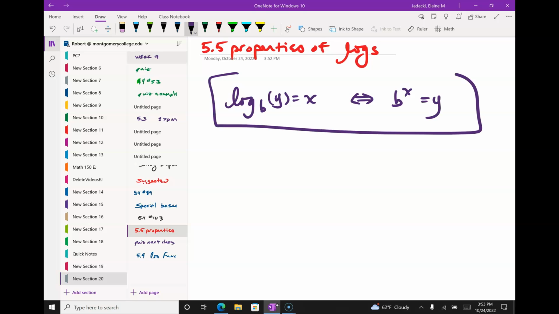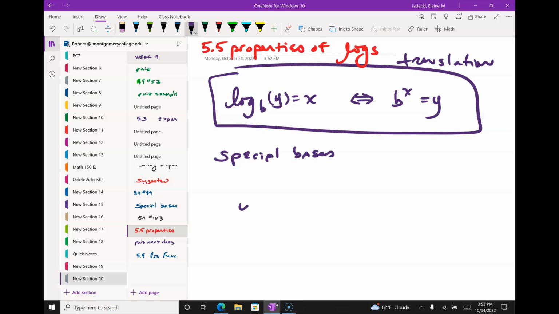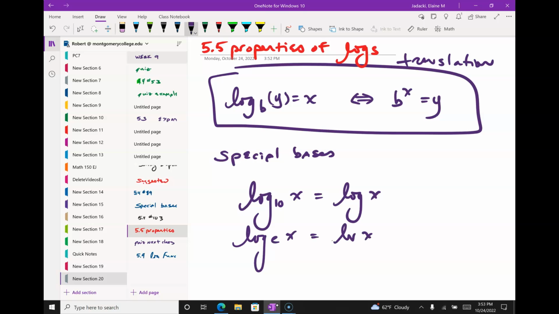I'm going to call that my translation. The next one are my special bases. Log base 10 of x is the same as log of x, and the preference is on the right. We want to use the one on the right. Log base e of x is the ln of x.